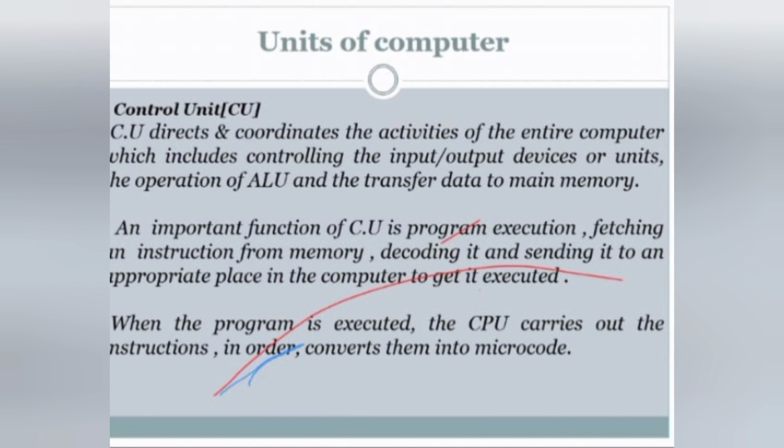The most important feature of the control unit is program fetching and execution, decoding instructions and sending them to an appropriate place in the computer to get the expected result. When the program is executed, the CPU carries out the instructions by converting them into microcode.